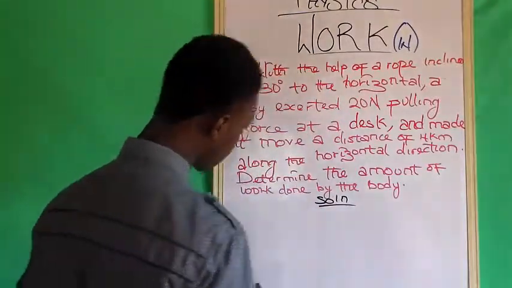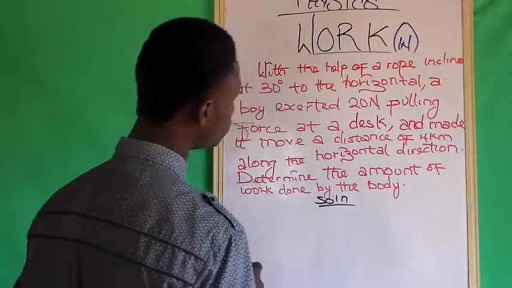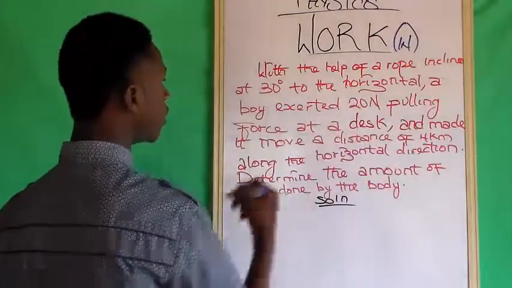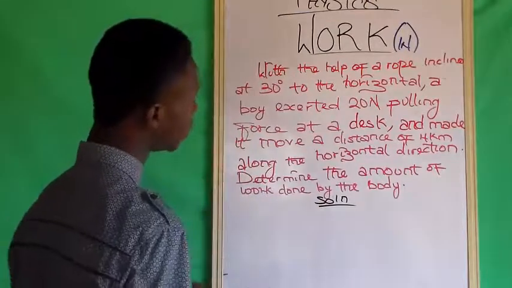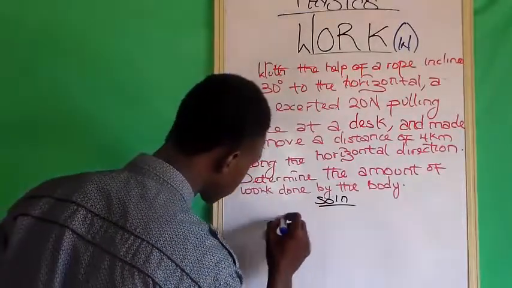With the help of a diagram, we draw a table, since the rope was inclined at a desk. So we draw a desk.